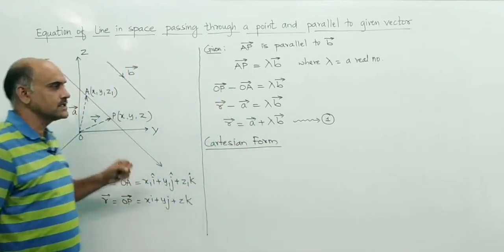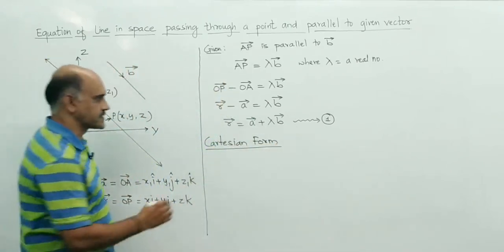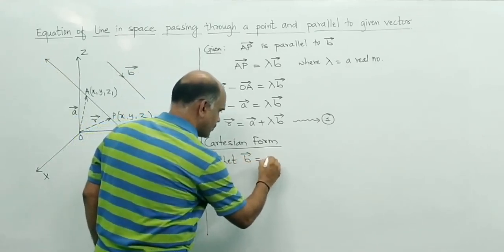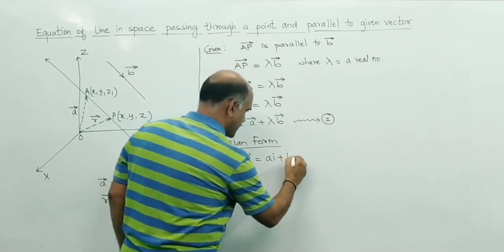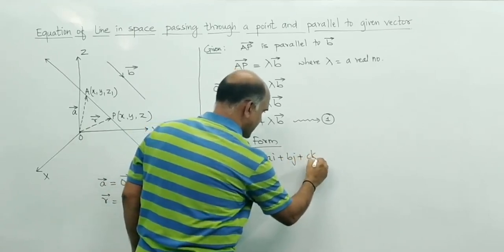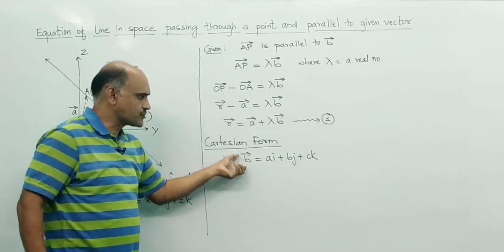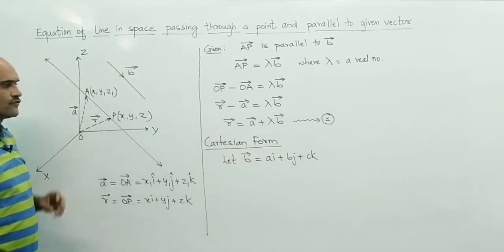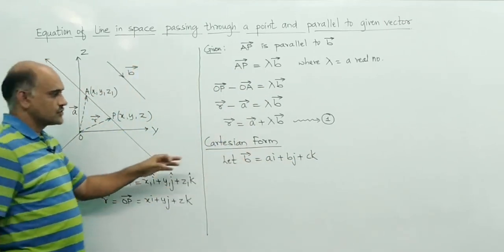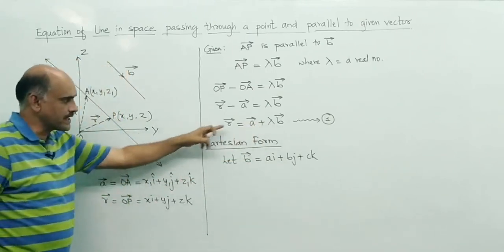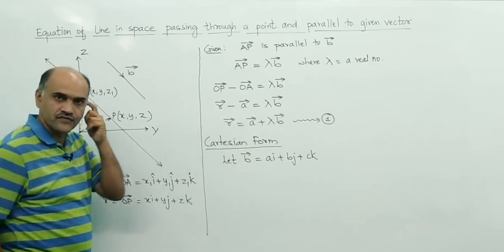So I will take this vector b as, let vector b is equal to ai plus bj plus ck, where a, b, c are direction ratios of this line or vector. Now I will substitute a and r in equation 1.